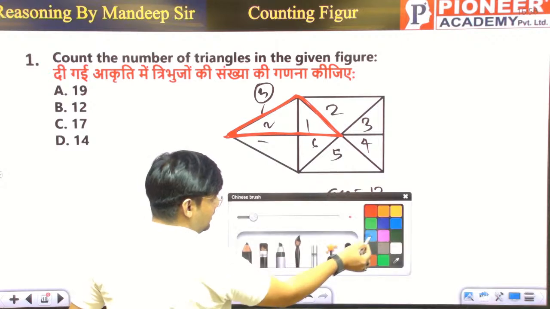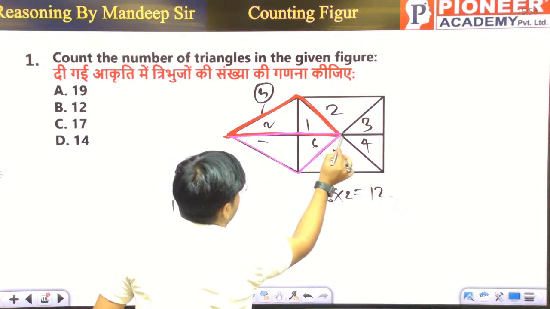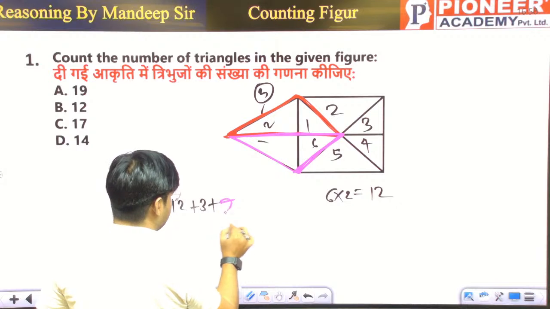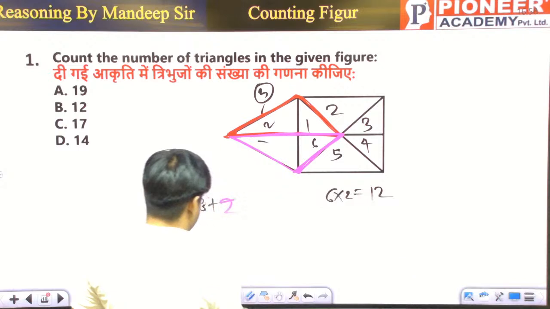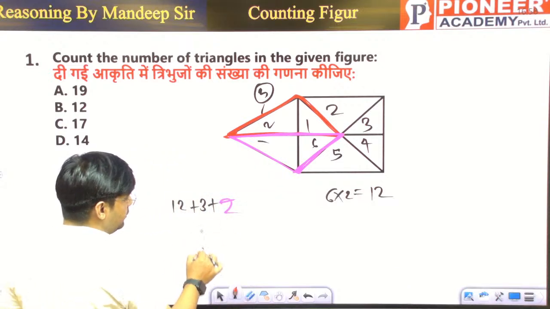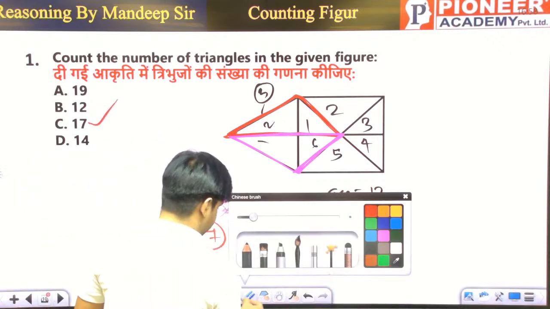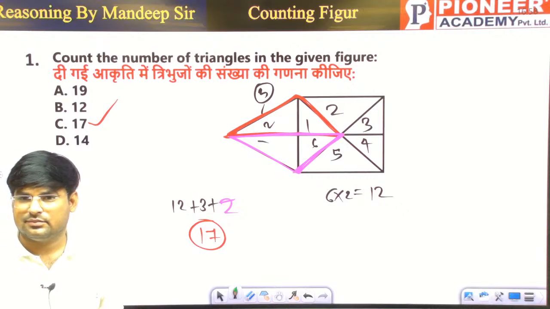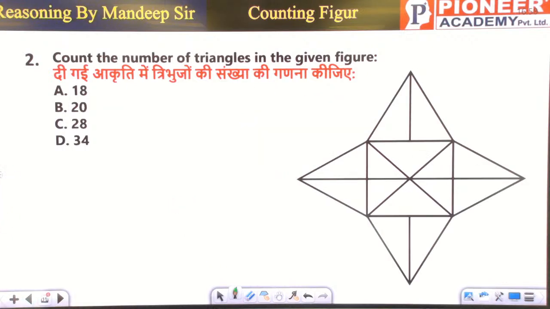And there are 2 more triangles. So plus 2. 12 plus 3, 15, 15 plus 2, 17. There are 17 triangles in this. Clear? Any doubt? Good. You all are champions.